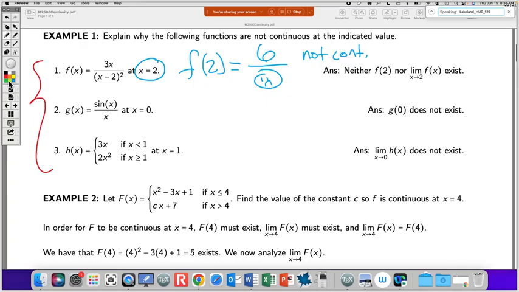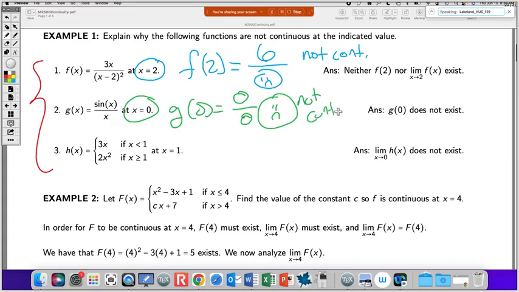All right, let's take a look at g of 0. So we'll look at 0 here. G of 0. I get the sine of 0, divided by x. So once again, not continuous because the function value doesn't even exist. Now the fact that we get a 0 over 0 gives us hope that even though the function value doesn't exist, the limit itself might what? Exist.